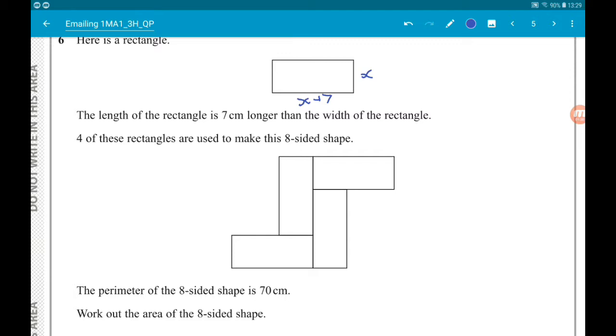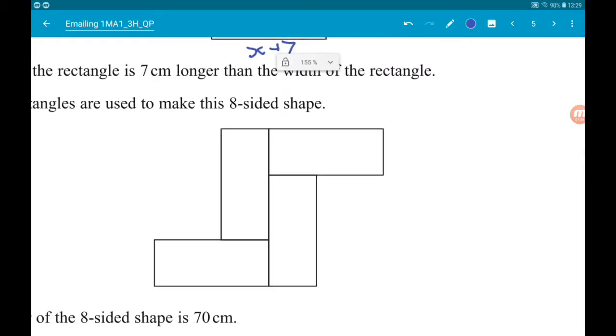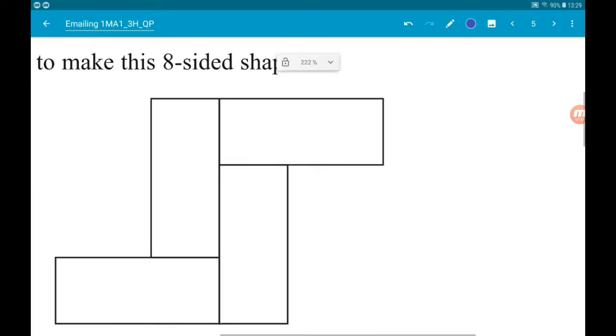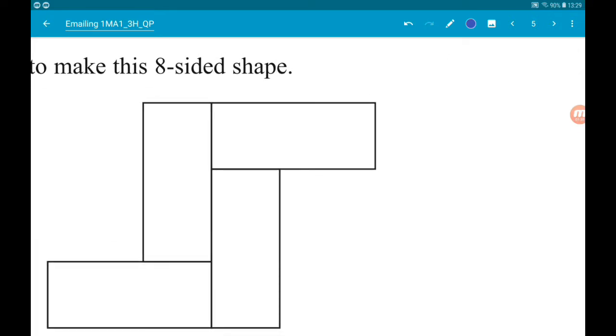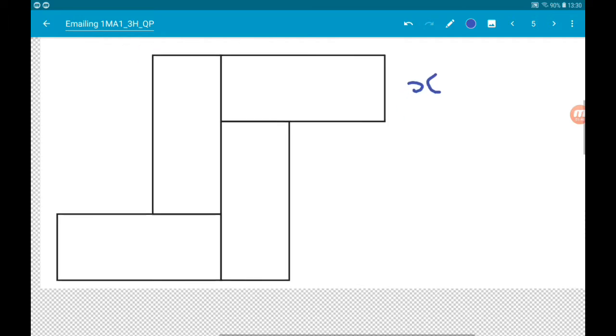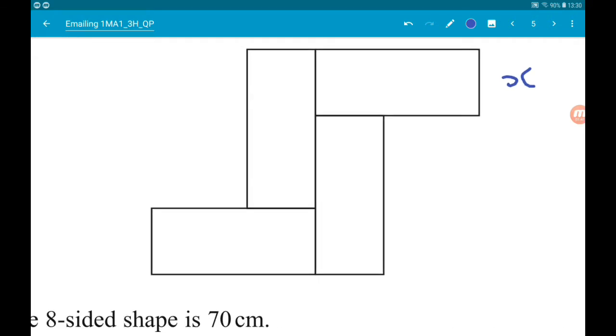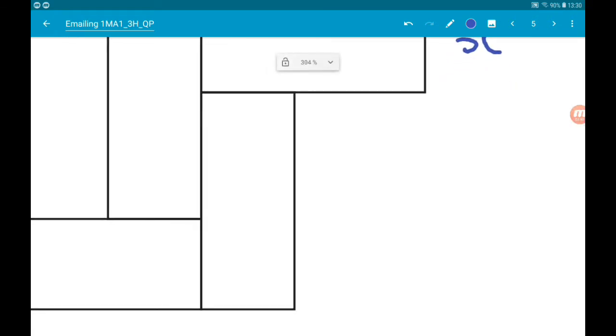So let's go around this 8-sided shape and label what we can. So we're thinking in terms of perimeter. So we know here, that's going to be x. We know this is going to be x. We know this bit is x add 7.